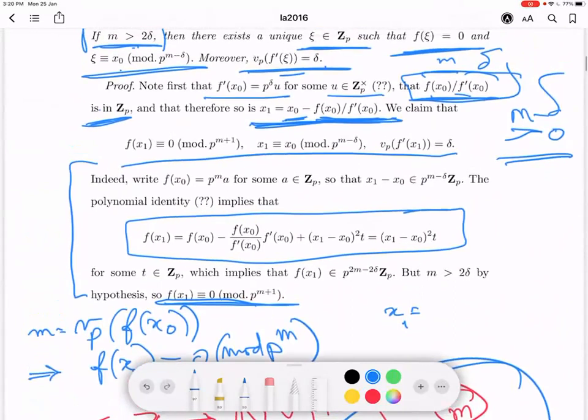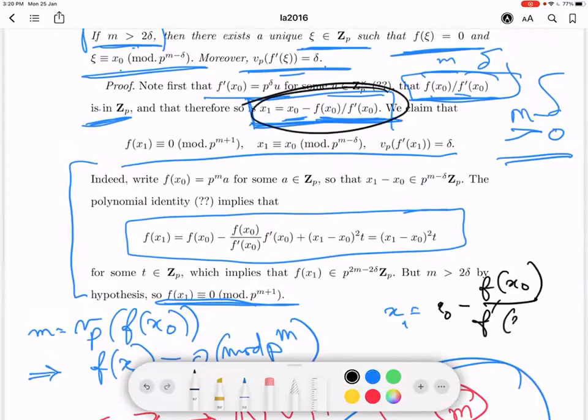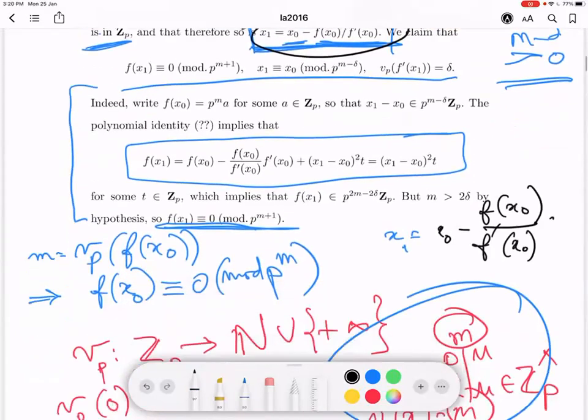It's here, right? x1 is the sum of two things, and therefore it's x0 minus f of x0 divided by f prime of x0. Okay, so I get f of x1 congruent to 0 modulo p to the m plus 1.